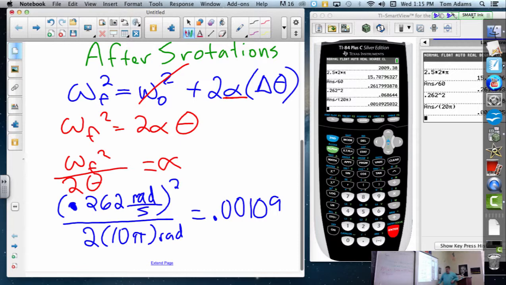Now I'd like to write that in scientific notation, so I have to move this 3 spaces, so I'm going to say 1.1 times 10 to the negative 3. And then for my angular acceleration, there's a radian here that cancels with the 2 up here, so then I get radians per second squared, so it matches up.